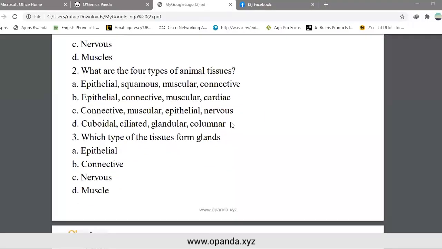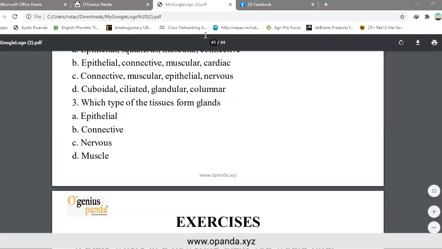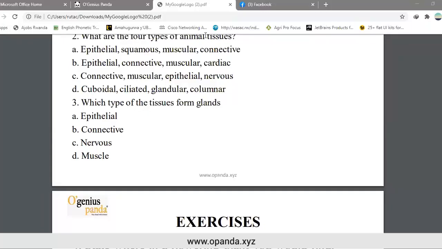Number 3, which type of tissues form glands? Yes. I see Itanga and Serene, they raise their hand. Tumukunde.